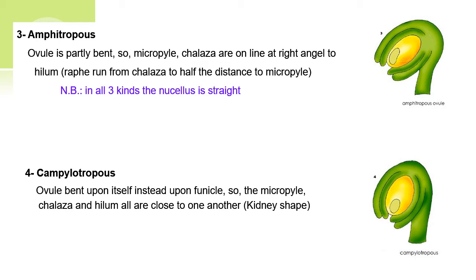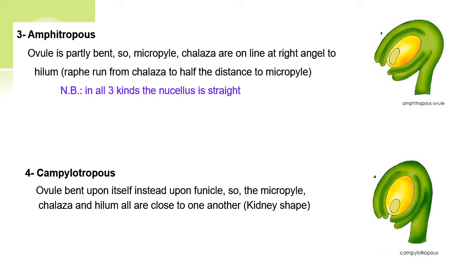Here, as we said, the raphe runs from the chalaza for a short distance toward the micropyle, maybe half the distance between them.